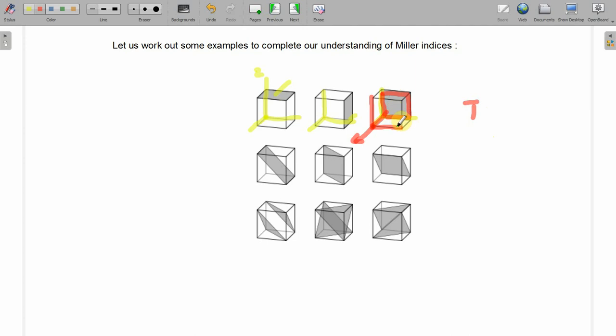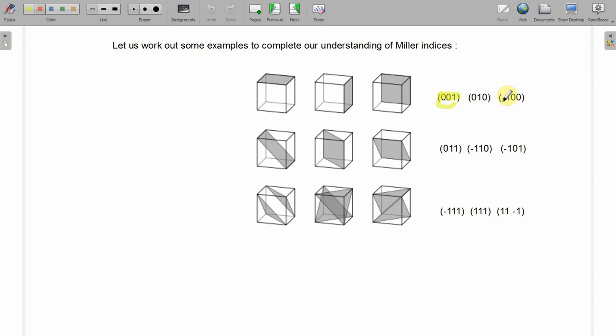It is parallel to both the y as well as the z directions, because z is here and y direction is here. So it is 0, 0. So the third plane is (1 bar 0 0).